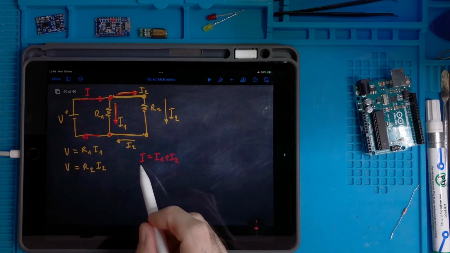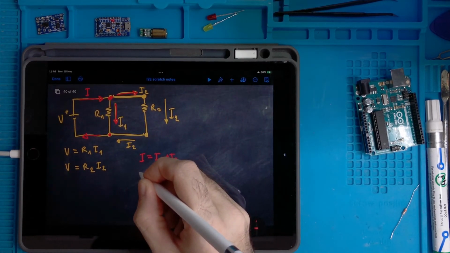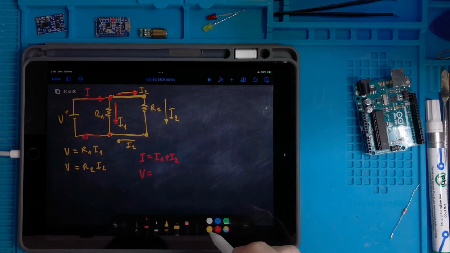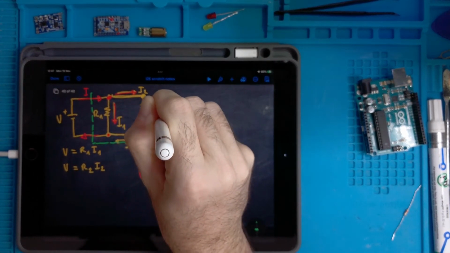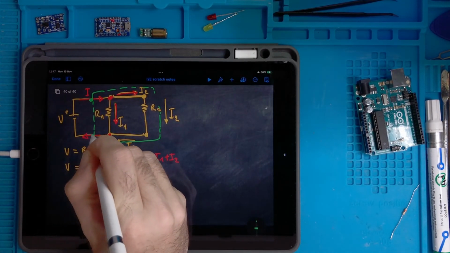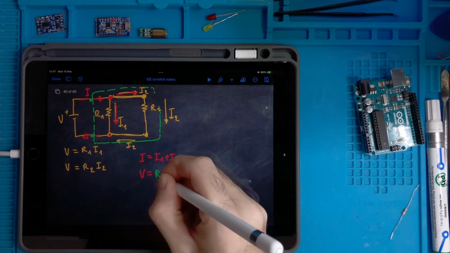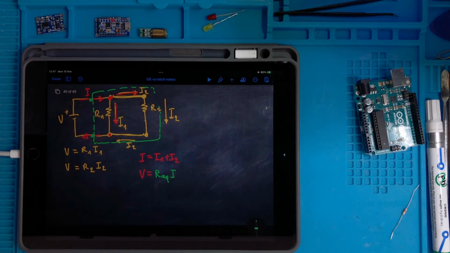And so if I'm able to calculate this current I, then I can calculate an equivalent resistor using the Ohm's law applied, let's say, to this bipole, node and another node, by saying that this should be equal to R equivalent I. So let's try to calculate this current I.